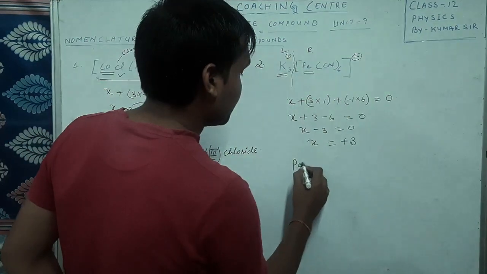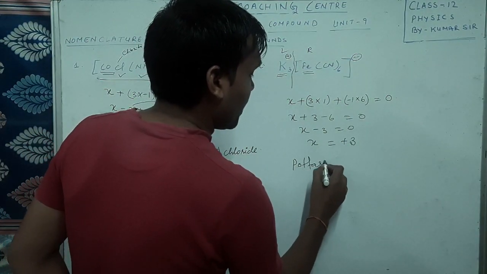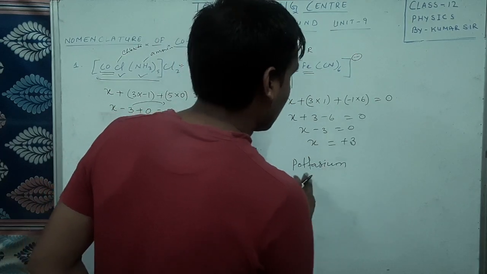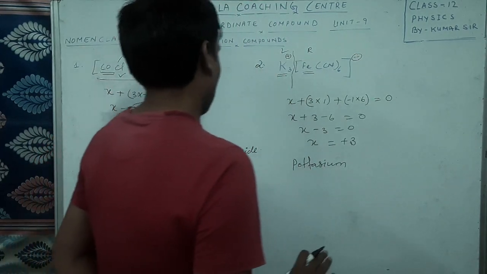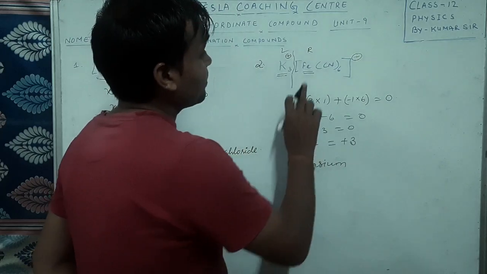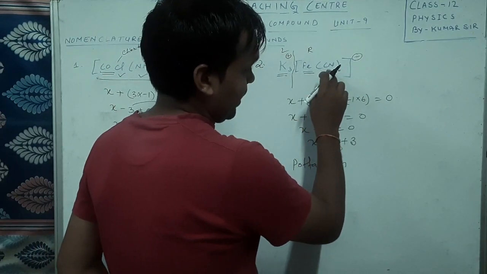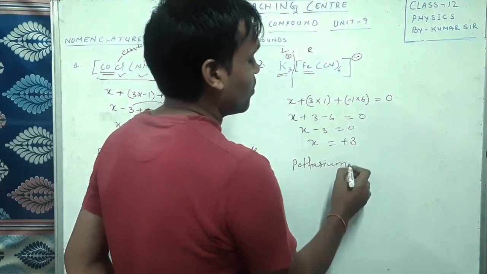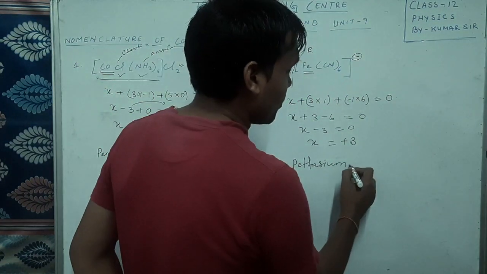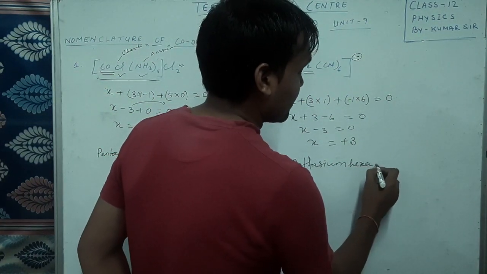So potassium, and this is cyanide, right? How many are there? 6. So 6 means hexacyanide.